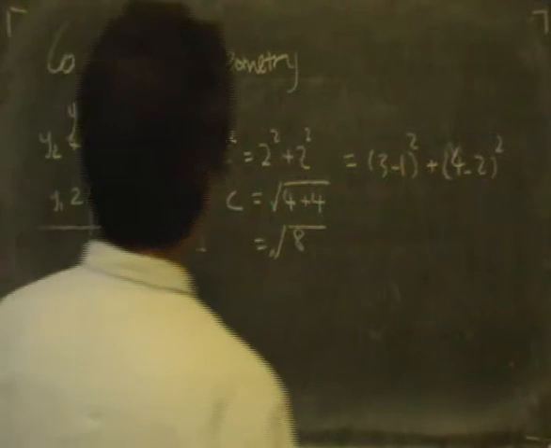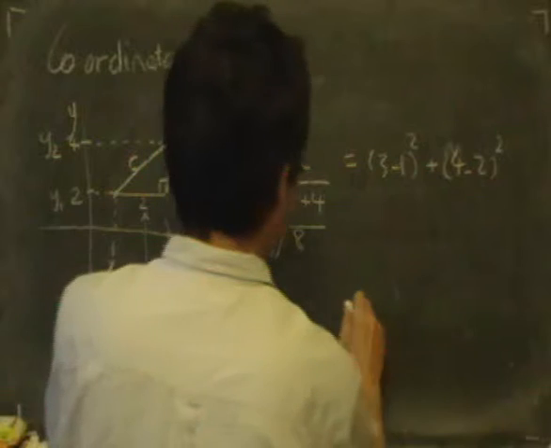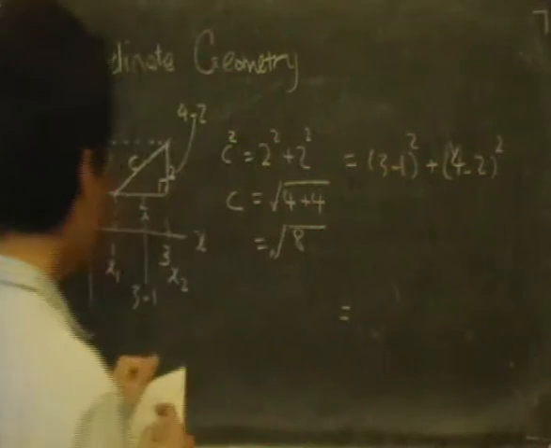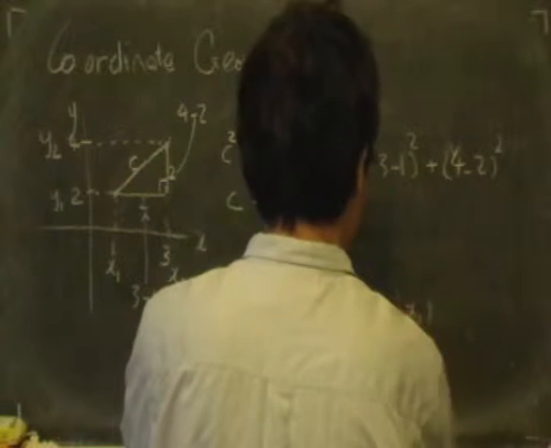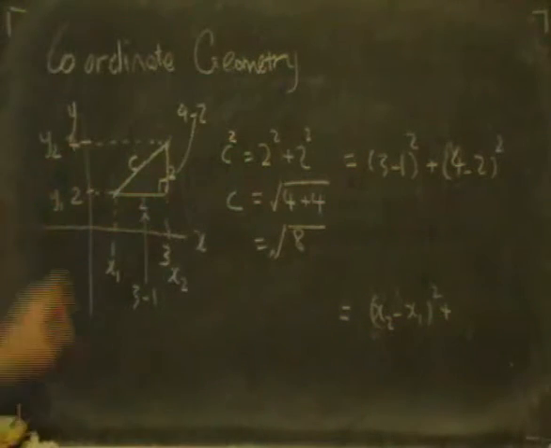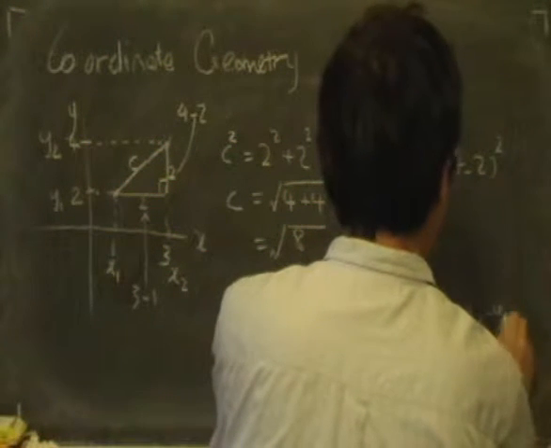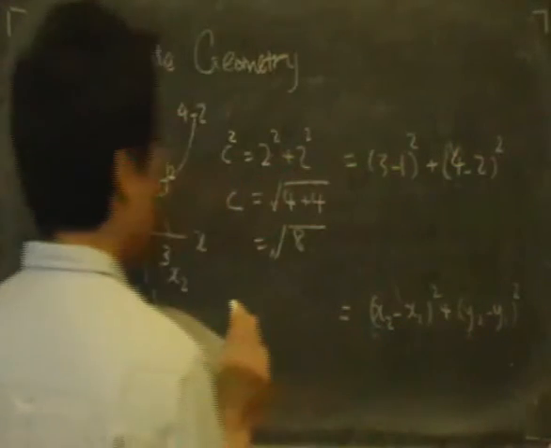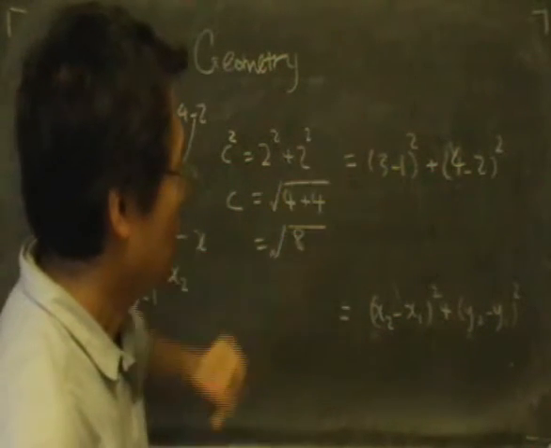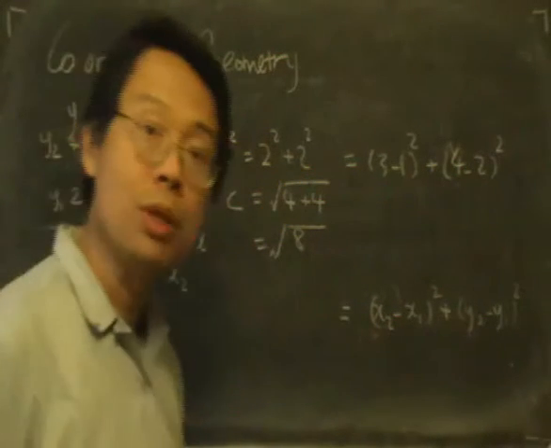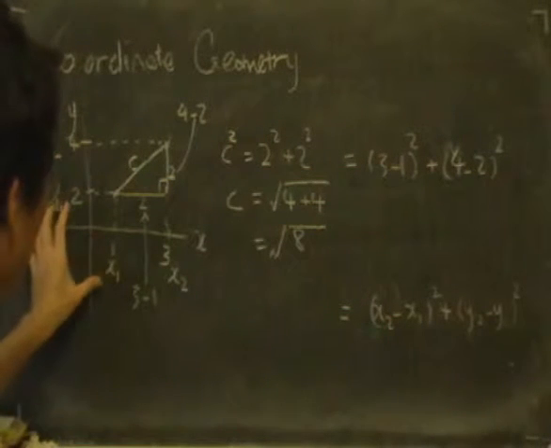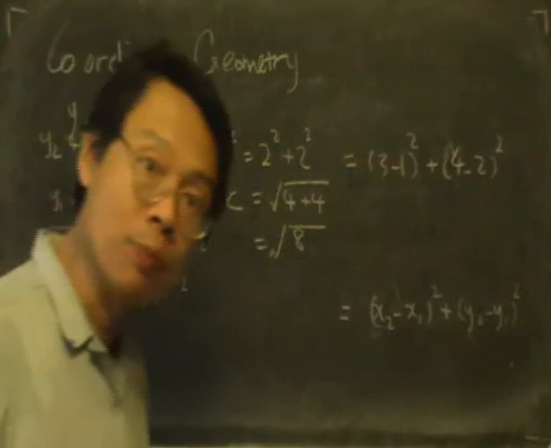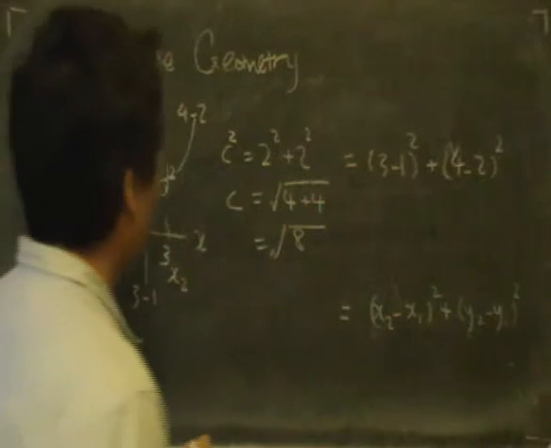That means 3 minus 1 is x2 minus x1, and 4 minus 2 is y2 minus y1. So that is the same as that. Now I can use this formula for any other values of x1, y1 or x2, y2, and I can use it for different cases.